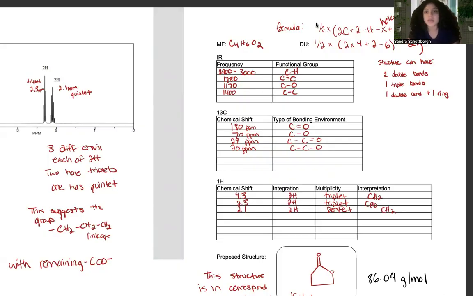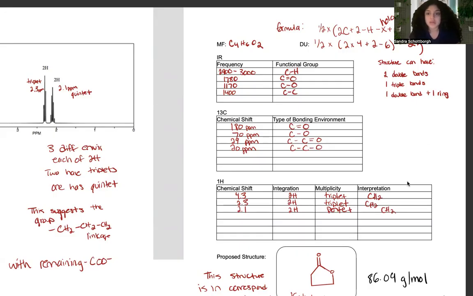So we ended up inputting the numbers as 1/2 times 2 times 4 plus 2 minus 6, which ultimately gives us 2 degrees of unsaturation. Therefore, the structure can either have 2 double bonds, or 1 triple bond, or 1 double bond with 1 ring.